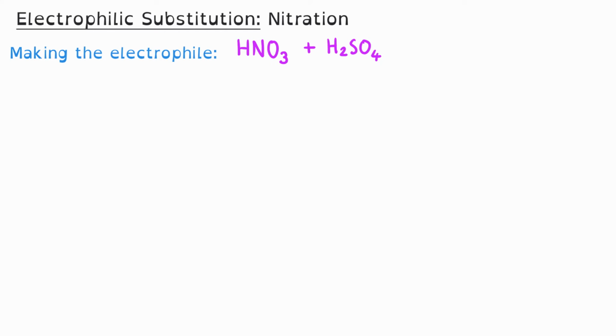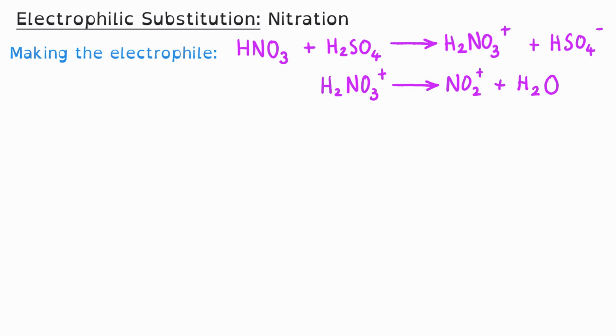And so in step 1, we end up producing H2NO3+, which is the conjugate acid to nitric acid's base. And we also produce HSO4-, which is the conjugate base for the sulfuric acid. And then in step 2, the H2NO3+ breaks apart into the nitronium ion, which has got the formula NO2+, and this is our electrophile, and we also produce water.